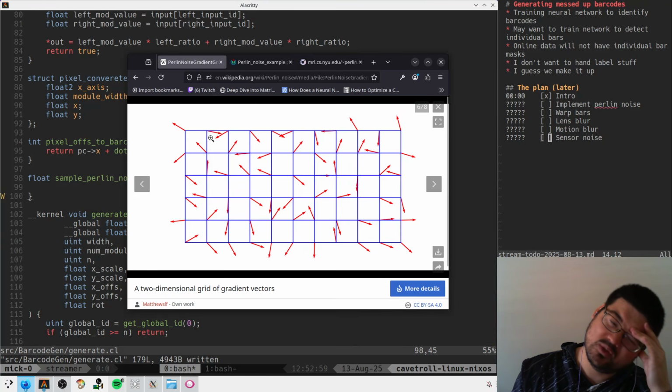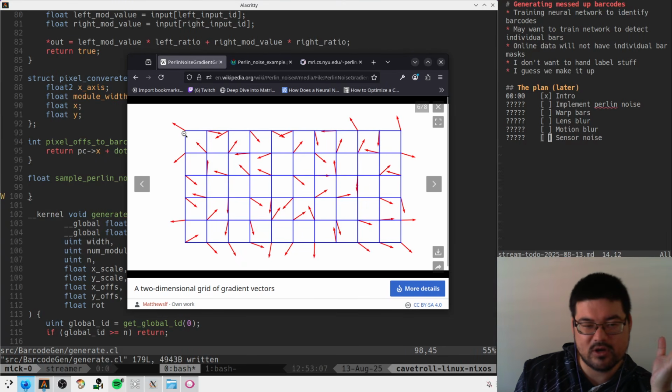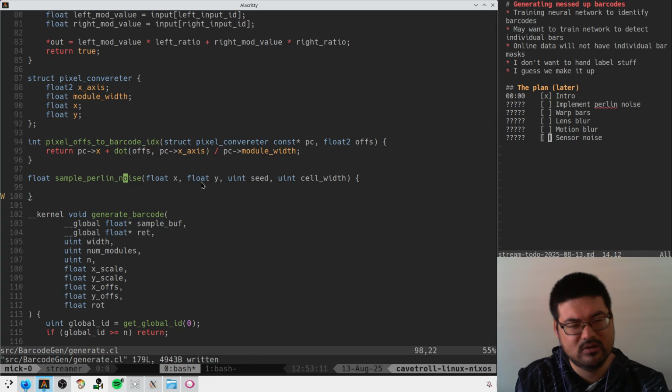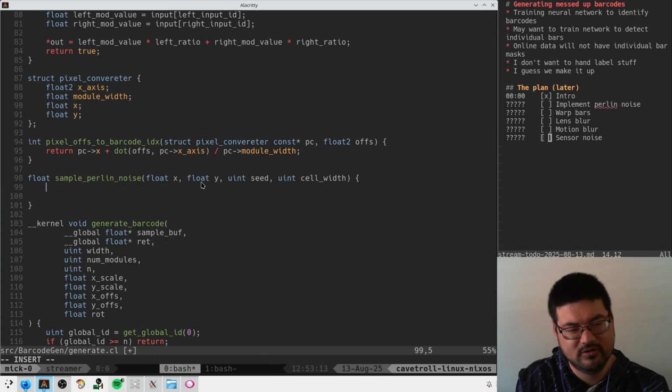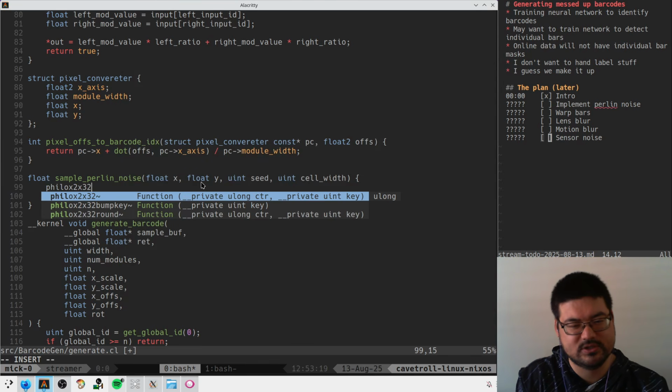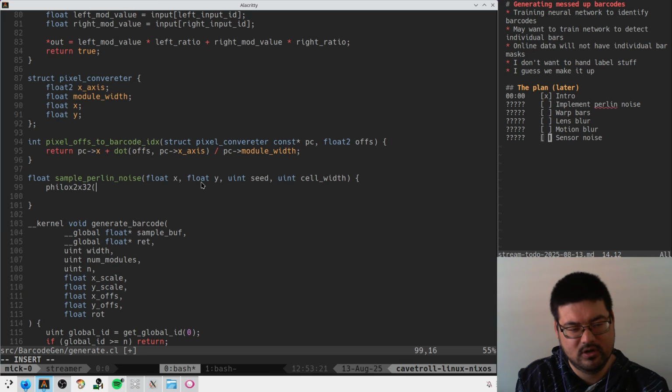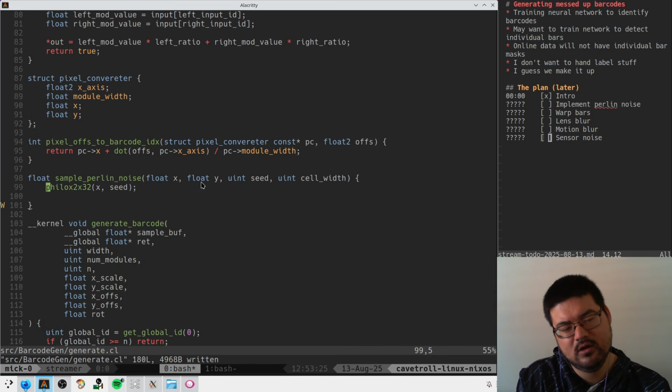What if we use one axis to initialize a PRNG for the second axis? Is that stupid? So we go, we have Philox 2x32 of X with the seed. And then this is seed 2.